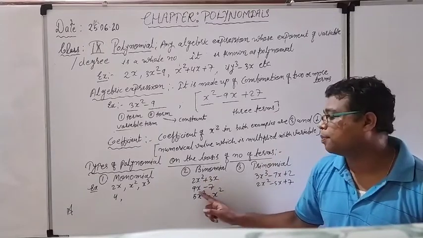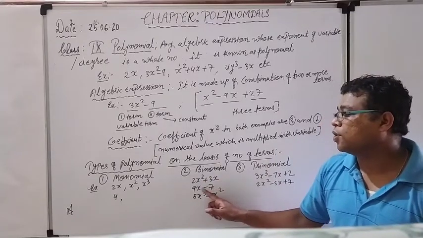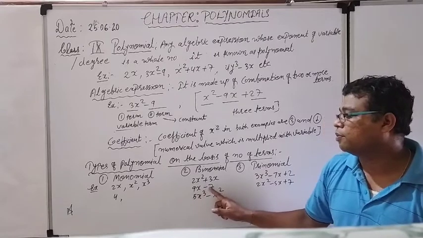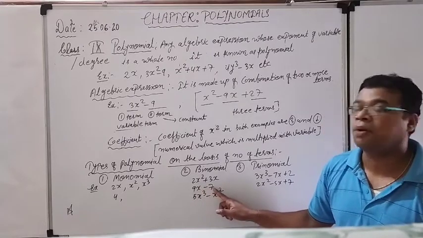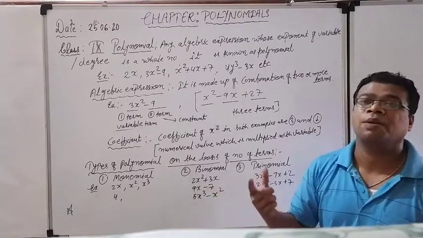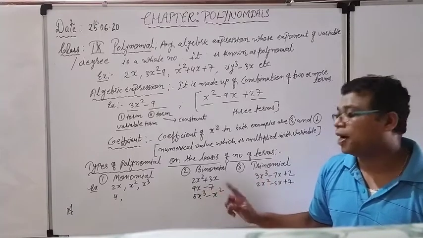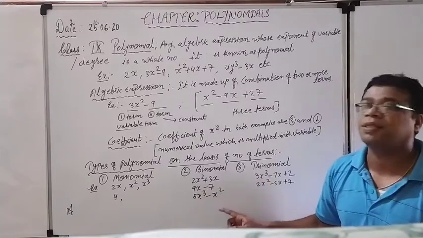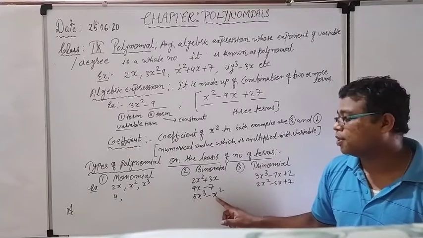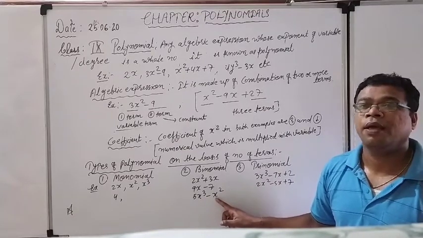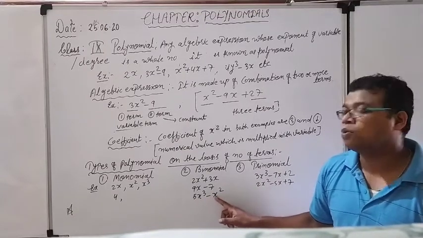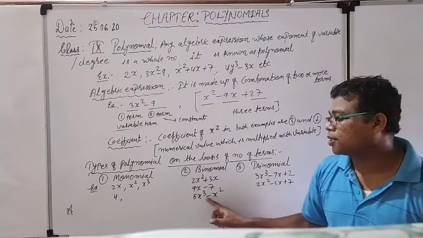Right now see the next example, 9x minus 7. This is the first term, this is the second term; this is the variable term, this is the constant term. The minus sign shows the subtraction between the first and second term. Next example, 5x cube minus x square. Again this is the first term, this is the second term. The minus sign shows there are two terms, and there is a subtraction between the two terms.